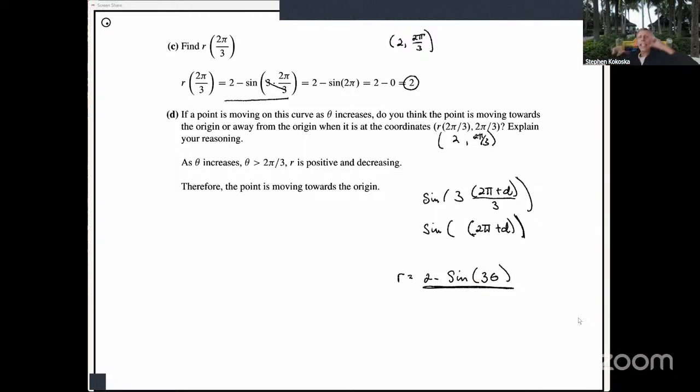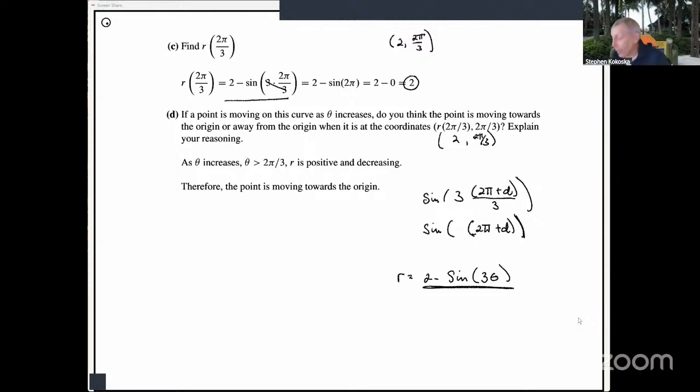Well, the sine of that argument is getting a little bit bigger, so 2 minus that is getting smaller and positive. So as I'm near that point, 2 pi over 3 and passing it, I can see that R is positive and decreasing. I'm getting closer to the pole. I'm getting closer to the origin. Holy Toledo, how about that?